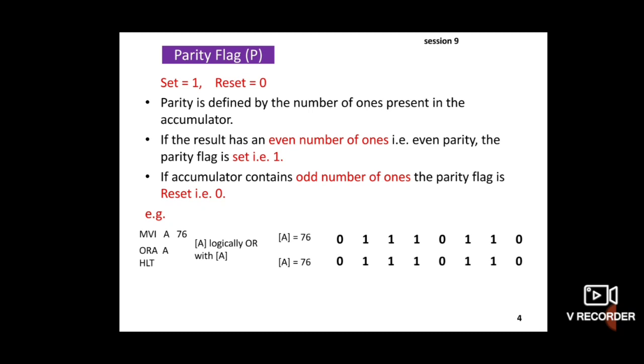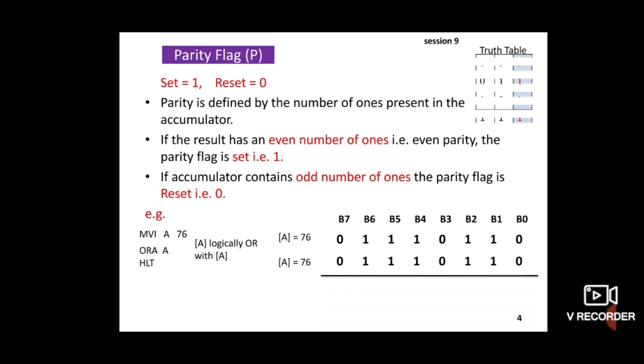See, same here 0, 1, 1, 1, 0, 1, 1, 0. Now these are the bit positions B0 to B7. Now logically OR, you know the truth table of the logic OR gate? See here, if 0 0 then 0, 0 1 is 1, 1 0 is 1 and 1 1 is 1, meaning if the input is 0 0 then the output is 0.